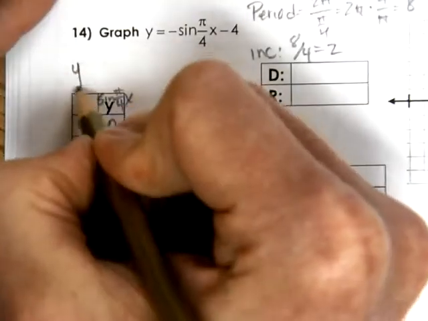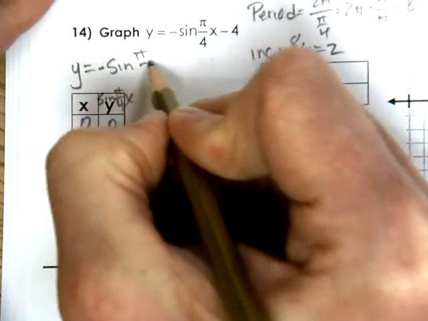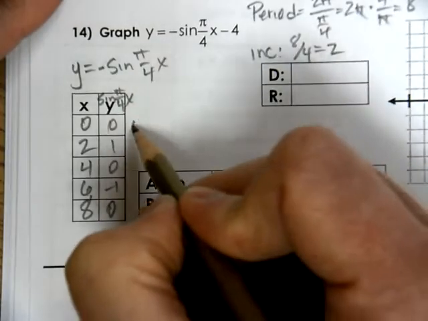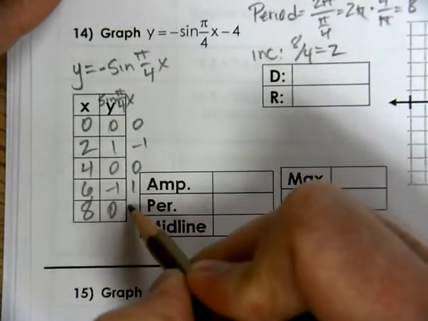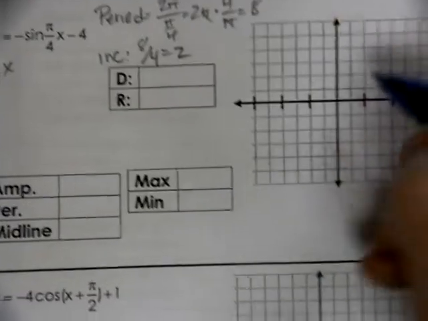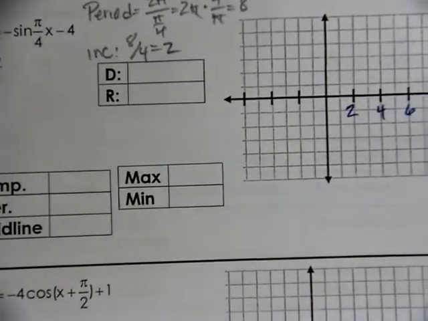And then we're going to say y equals negative sine of pi over 4x. So we multiply all these by a negative 1. So now we're going to come over and do our 2, 4, 6, 8.